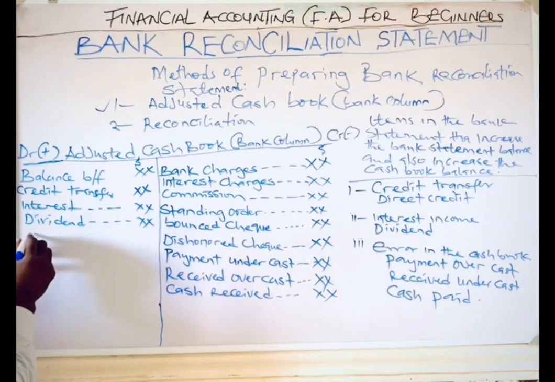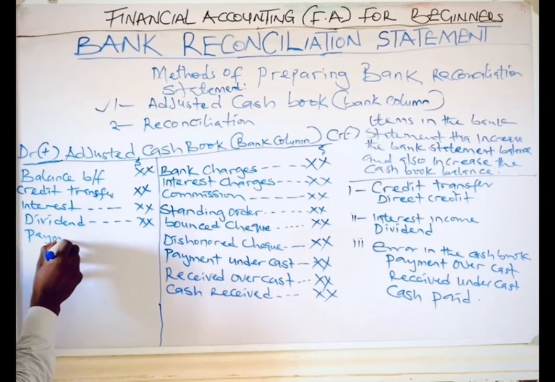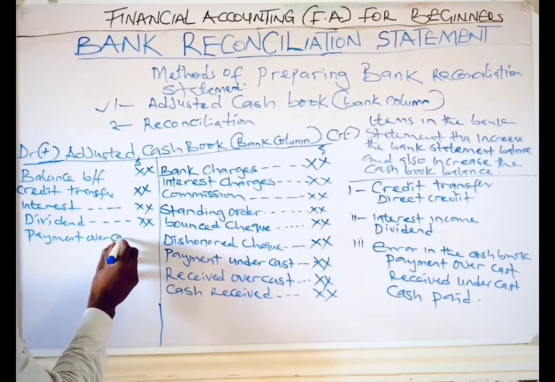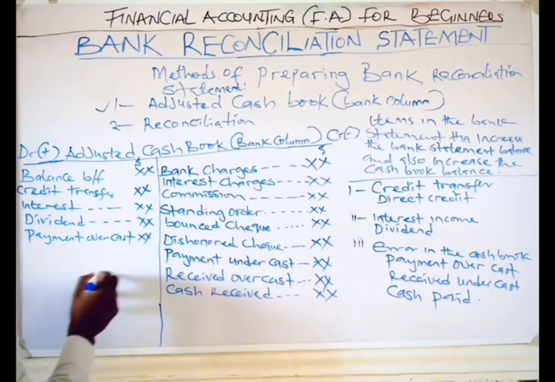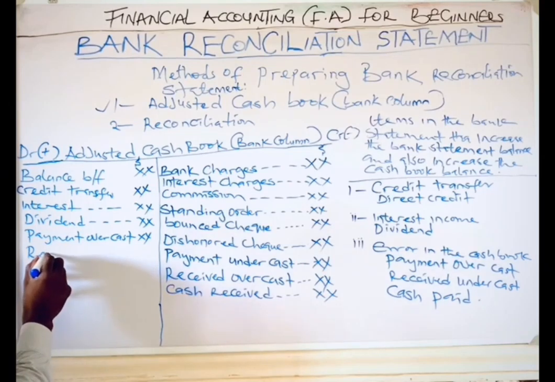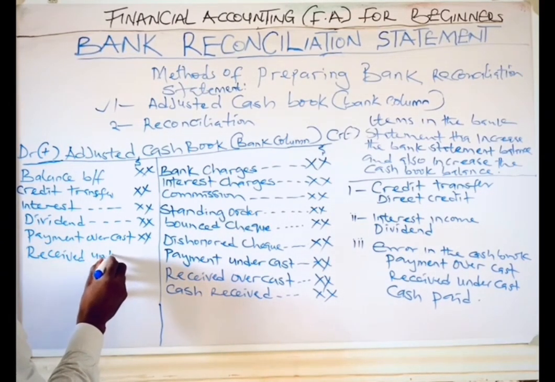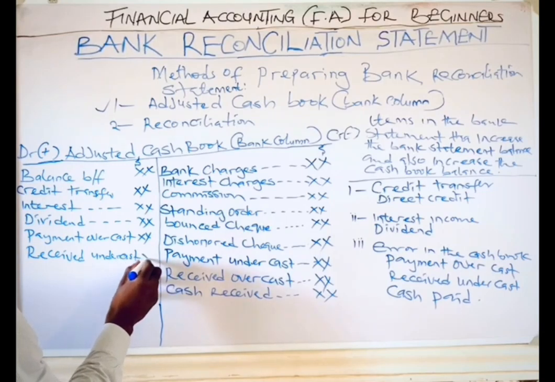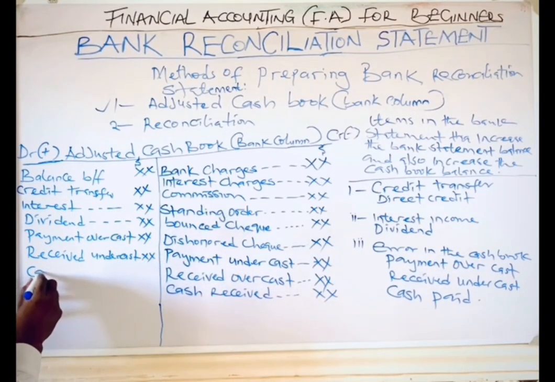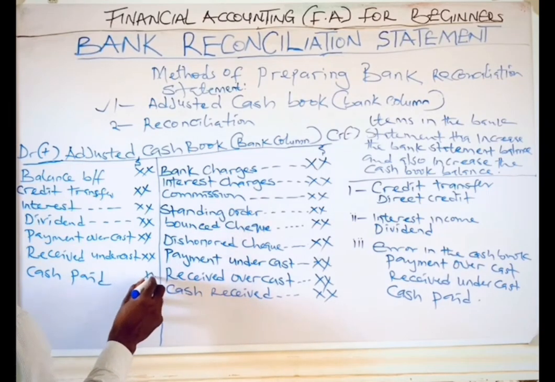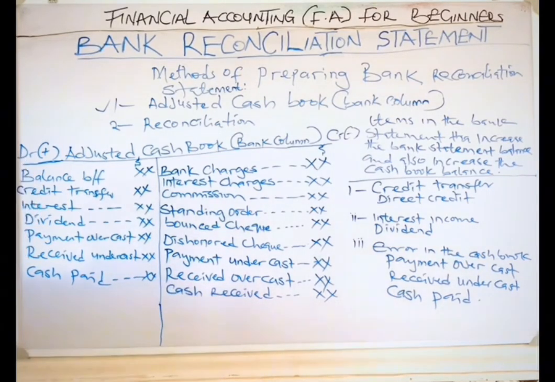And the error entries: payment overcast, received or receipt undercast, and cash paid or payment. So this is the standard format of the adjusted cash book.